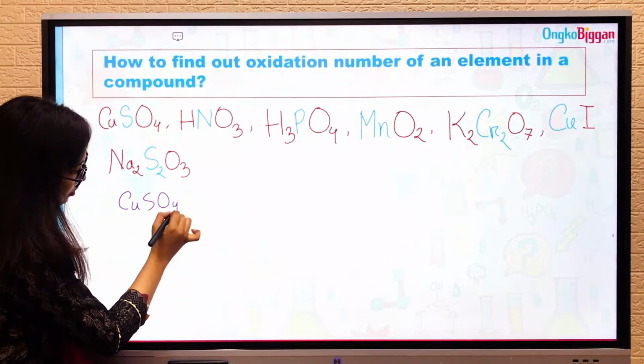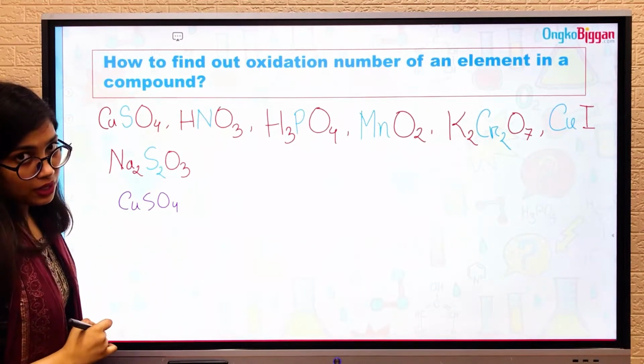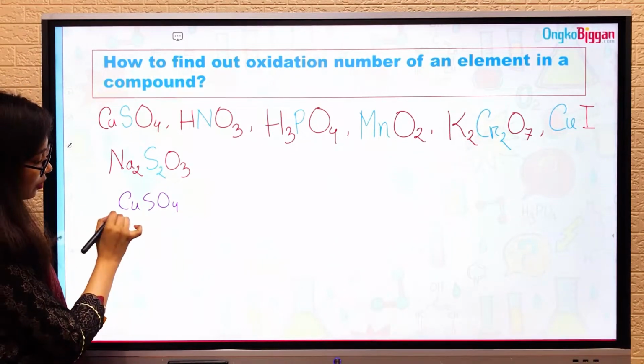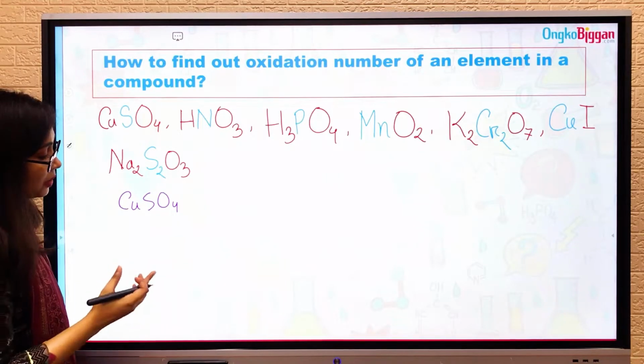CuSO4, and let's assume the oxidation number of sulfur is X, and copper's oxidation number is +2.